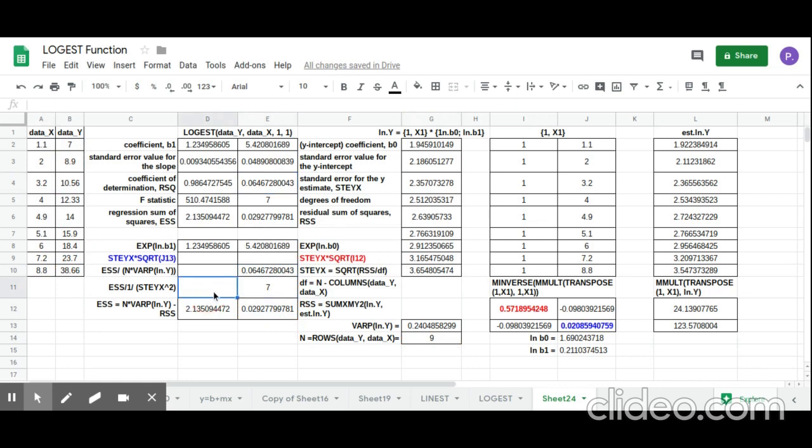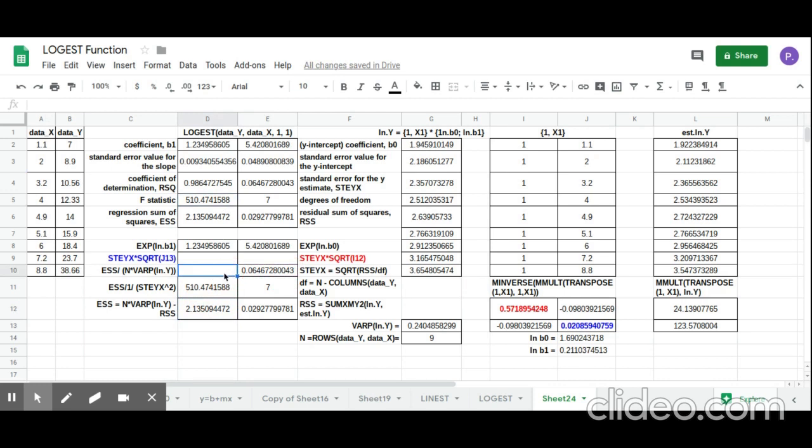Then we can calculate the F statistic, which is equal to ESS divided by 1, because we only have one independent variable, divided by standard error estimate squared. It's 510.47, so it matches our LINEST output.